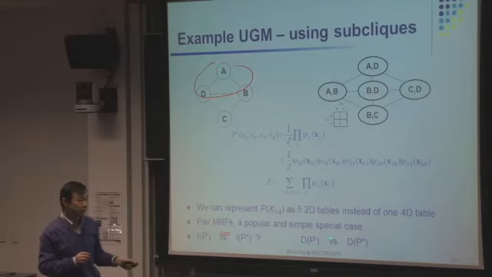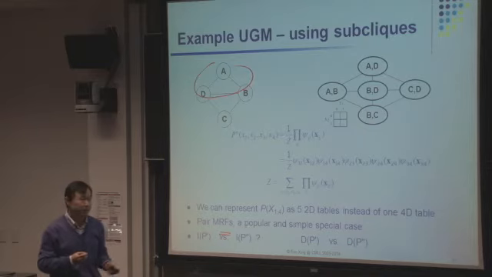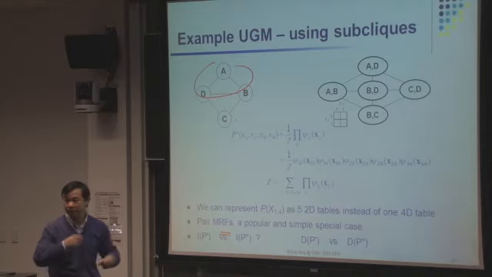So this one is indeed bigger than the other one, because all the ways you can parameterize the two-variable tables can also be captured in the three-variable tables, but not vice versa.